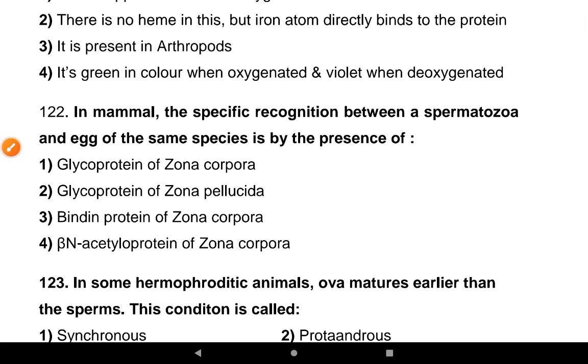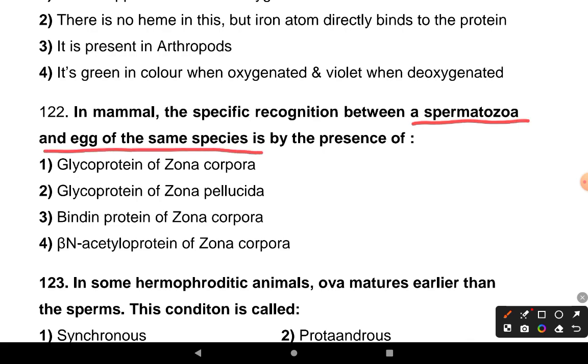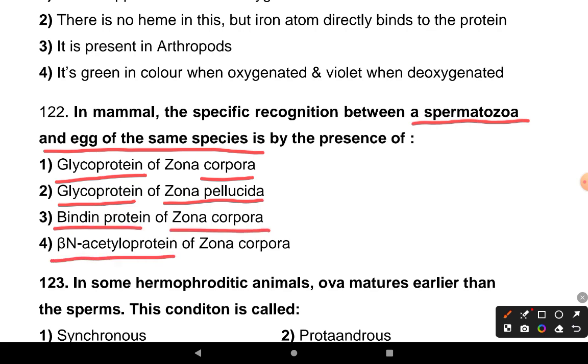Our next question is, in mammals, the specific recognition between a spermatozoa and egg of same species is by presence of glycoprotein of zona carpora, glycoprotein of zona pellucida, binding protein of zona carpora, beta and acetyloprotein of zona carpora.